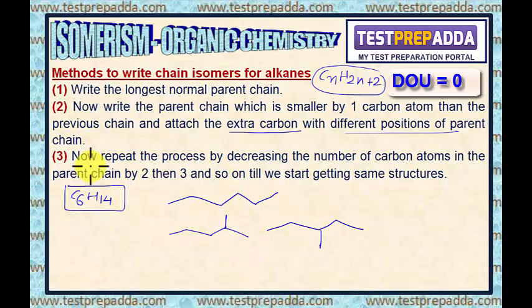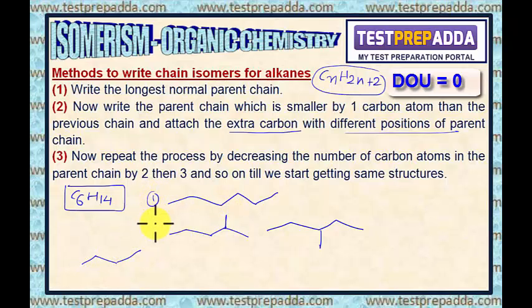Okay. Now it says repeat the process by decreasing the number of carbon atoms in the parent chain by 2. So it will be now 4 atoms. 1, 2, 3, 4.